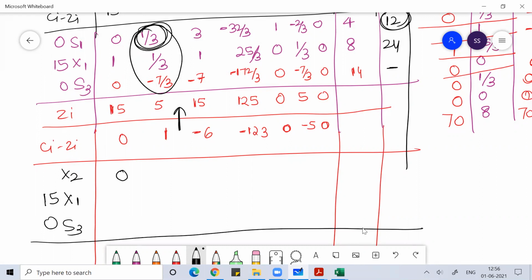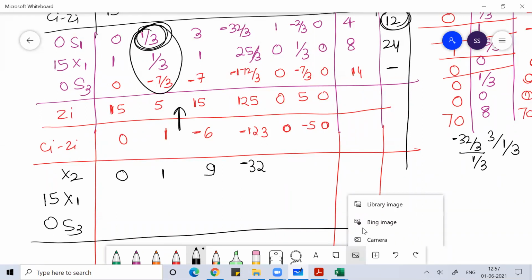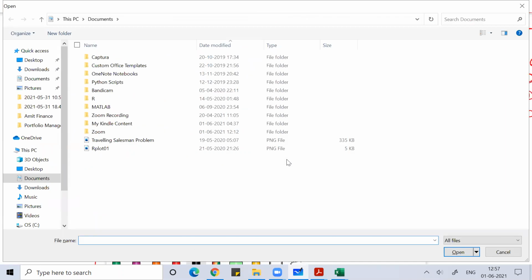So 0, 1, 3 divided by 1 by 3 means 9. Then minus 32 by 3 divided by 1 by 3, minus 32. Then 1 divided by 1 by 3 means 3.